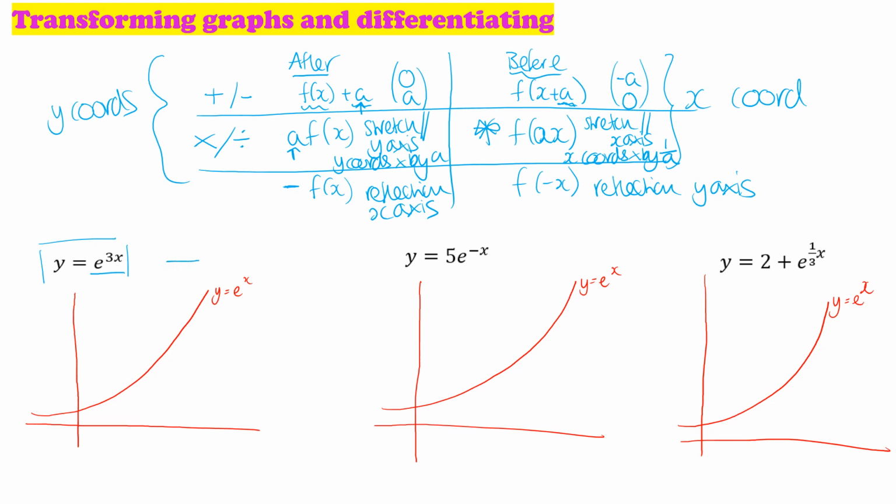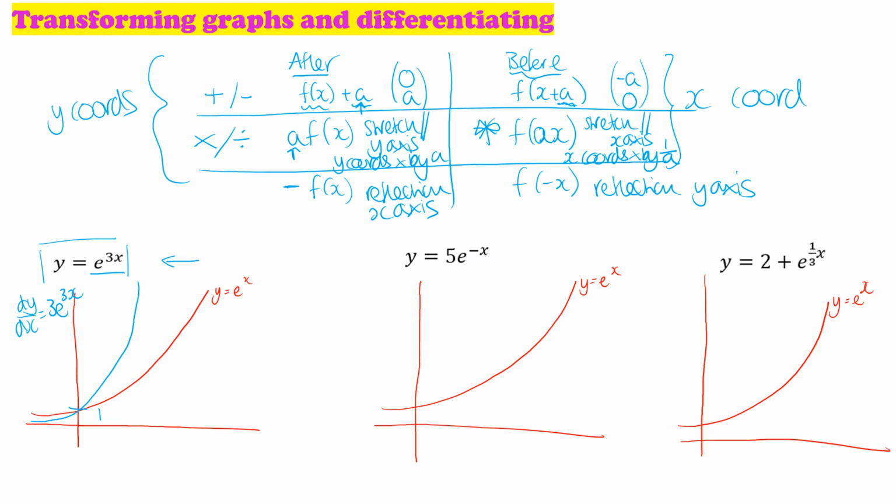So it's going to be a sort of squash in this way, and it's going to come from underneath and go like that. Now it's still going to go through this place here because when x is 0, timesing it by 3, it's still going to be 0, so e to the 0 is going to be 1. Now if we want to differentiate this, dy by dx using the chain rule is 3e to the 3x.